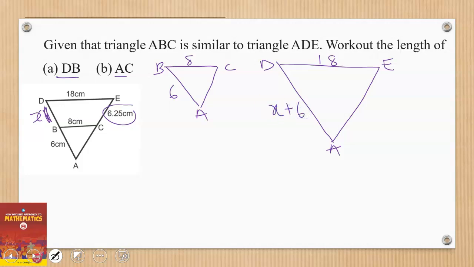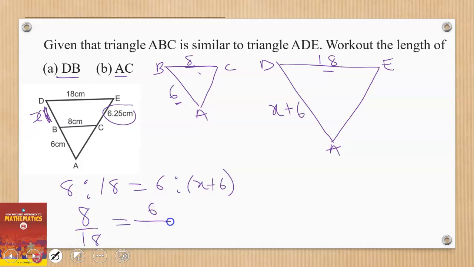Now, if that is true, we can write a simple equation by saying that 8 is to 18 should be equal to 6 is to X plus 6. So we can say 8 over 18 is equal to 6 over X plus 6.